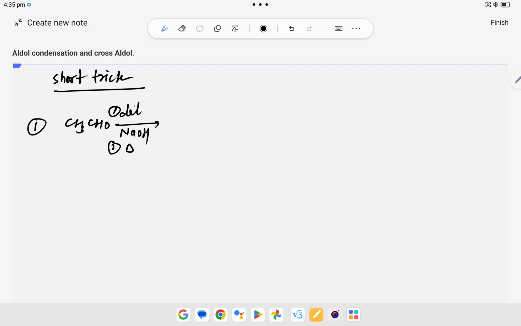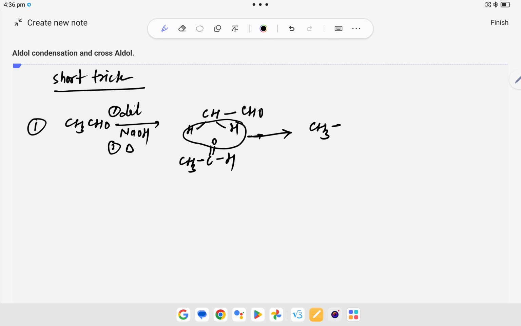So what you have to do, you have to write the species like this: CH3 CHO, second unit, CH3 C double bond O, H. From here, you have to remove the water species and write the species combining with a double bond: CH3 CH double bond CH CHO.